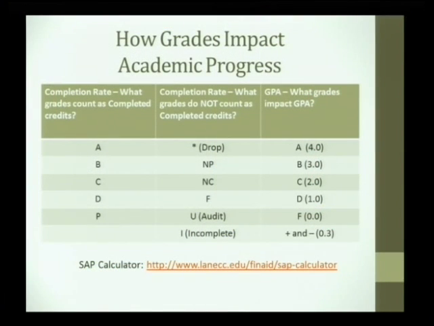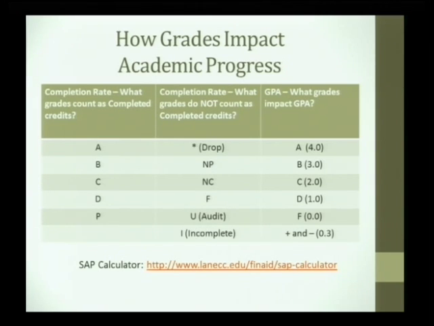Okay, this is how grades impact academic progress. The letter grades A, B, C, D, which is confusing to me, and P are grades that count in the completion rate as completed classes.